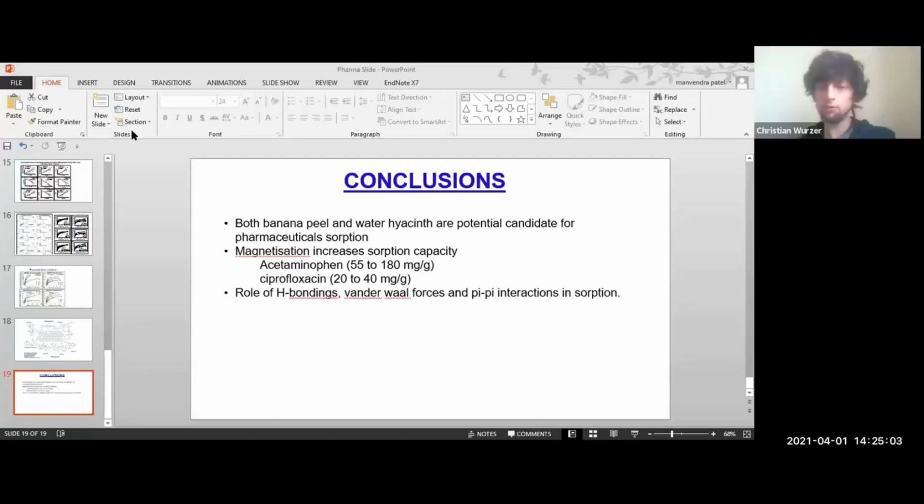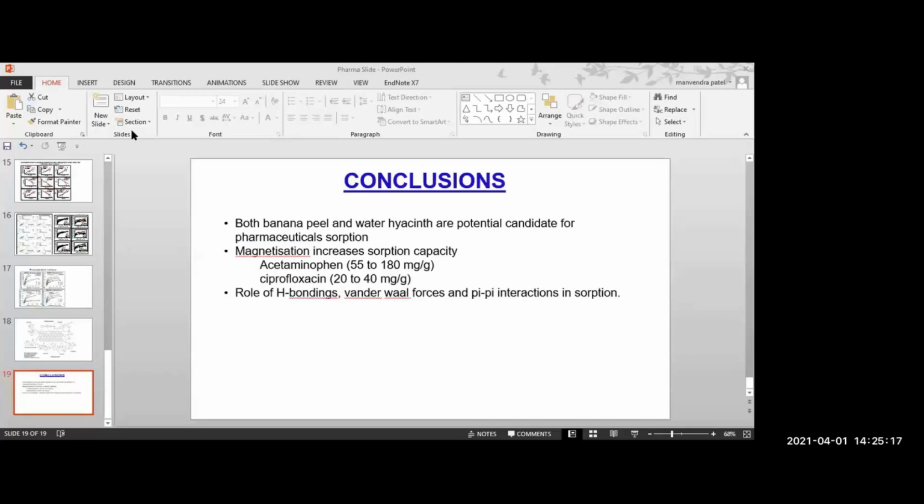Okay, we got a question from Felipe Rego as the next one. Were the higher temperature chars better than lower temperature chars? In sorption of these pharmaceuticals, the lower temperature chars don't work better because they don't provide enough sorption capacity.